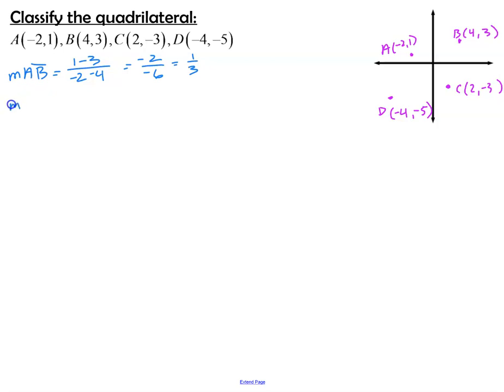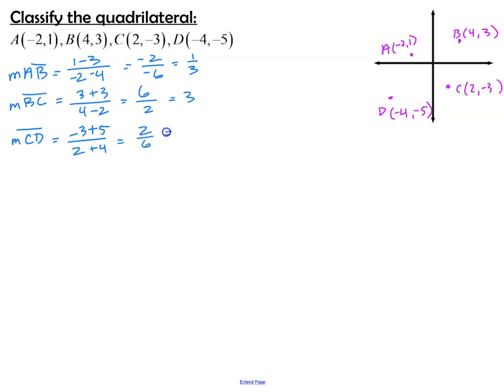Then our next side, BC, is going to be 3 plus 3 over 4 minus 2, which gives us 6 over 2, which is a +3. And then we have the slope of CD, which is going to be -3 plus 5 over 2 plus 4, and that gives us 2 over 6, which simplifies to a +1/3.